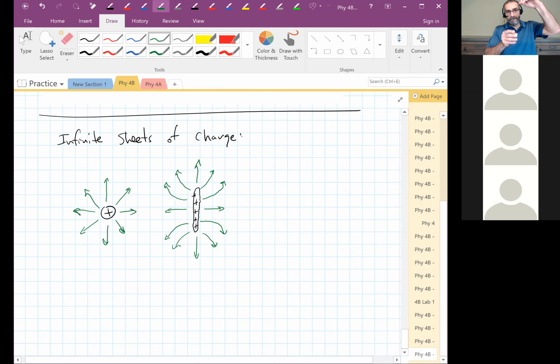Now we're going to link more. We're going to make it longer and longer and longer. And what's the electric field look like?